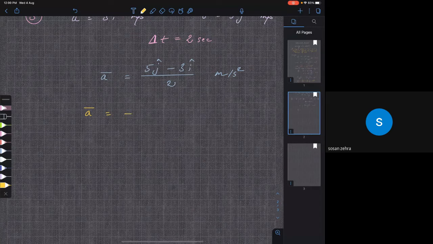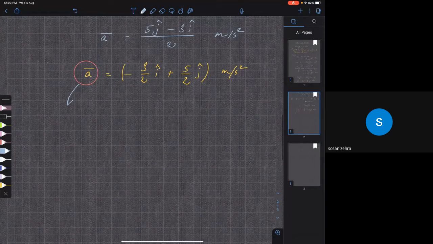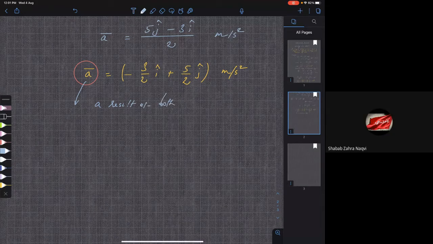Minus 3 by 2 i cap plus 5 by 2 j cap meters per second square. Now this acceleration is a result of change in both direction and magnitude.